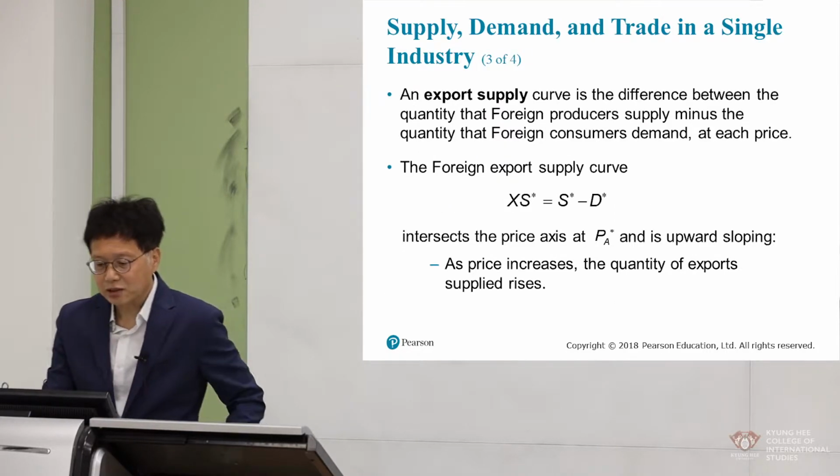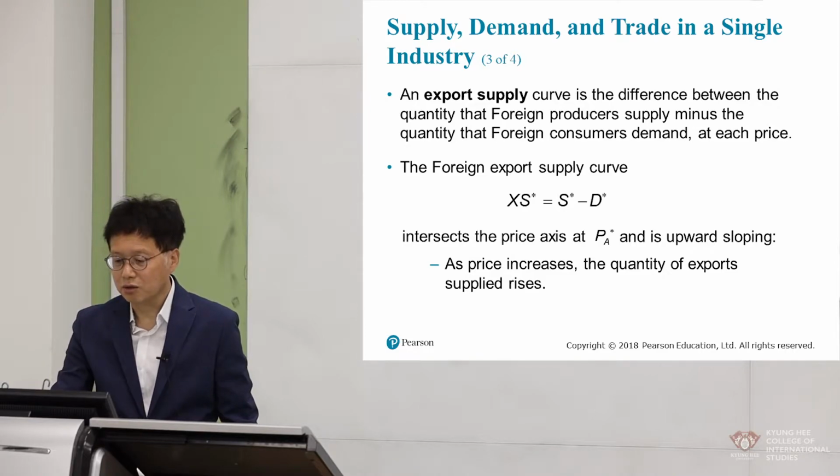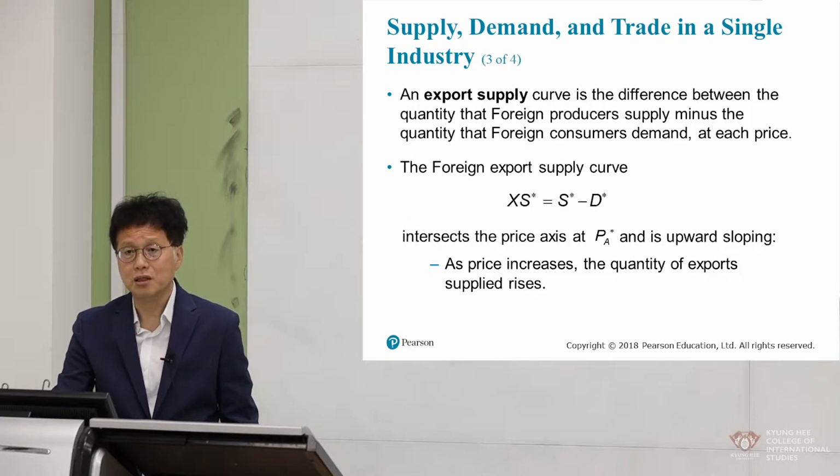And the export supply curve is the difference between the quantity that foreign producers supply minus the quantity that foreign consumers demand at each price. The foreign export supply curve, XS star, is equal to S star minus D star. It intersects the price axis at PA star.